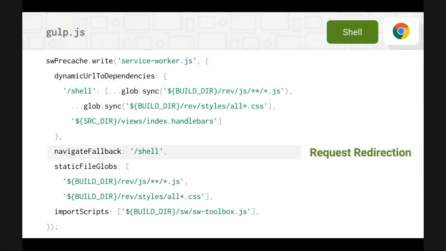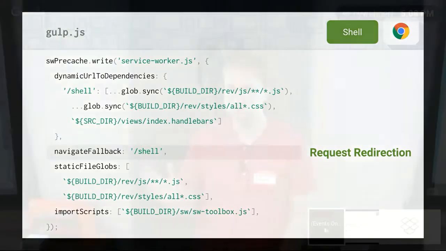All right, another thing that is not obvious until you start actually writing code that does this, and is a little bit annoying to do if you're writing a service worker by hand, is this navigate fallback option. This is basically your way of saying to the service worker, anytime there's a navigation request, and you do have the ability in the service worker to take a look at the incoming request in your fetch handler and see whether it's a navigation or a CORS request or a same origin request, things like that.